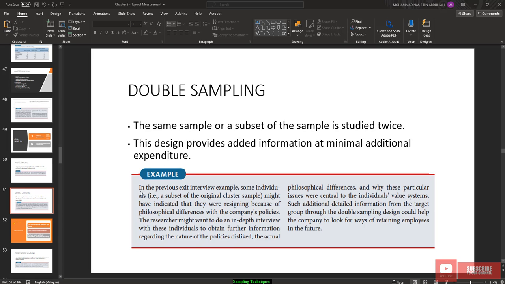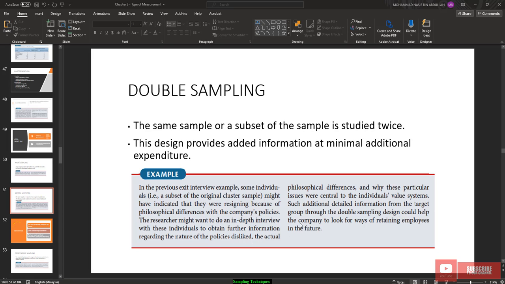For example, in the previous exit interview example, some individuals, a subset of the original cluster sample, might have indicated that they were resigning because of philosophical differences with the company policies. So the researcher might want to do an in-depth interview with these individuals to obtain further information regarding the nature of the policy dislike.